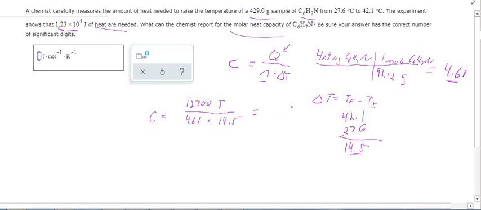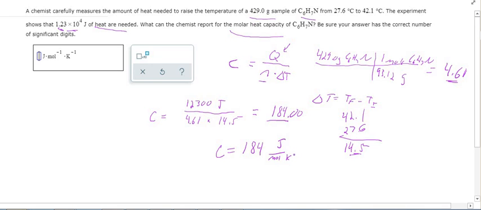When I do that math, I get 184 with some zeros after it. 3 sig figs are going to guide this, and so my answer for the molar heat capacity is 184 joules per mole per degree.